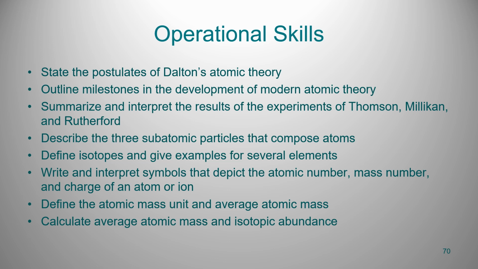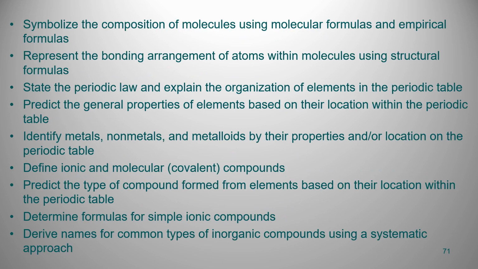Okay, so being able to calculate it or being able to predict it. Be able to know how to write molecular formulas and empirical formulas. Don't worry so much about the structural formulas that's in there, you should be able to identify it, but we're not going to be drawing those yet. Know what the periodic law is and know the organization of elements on the periodic table.